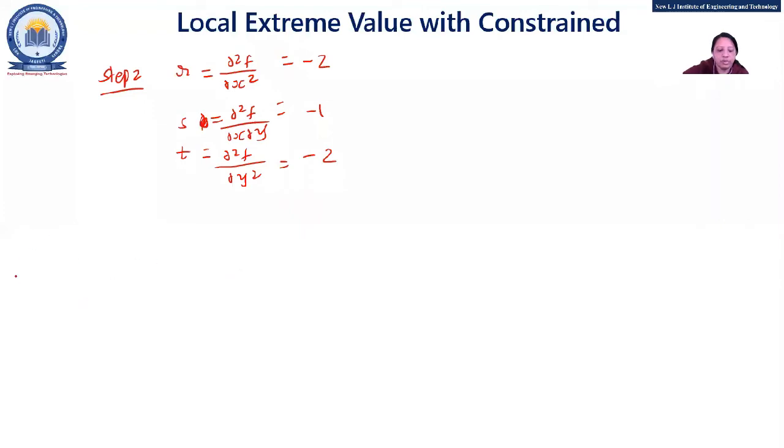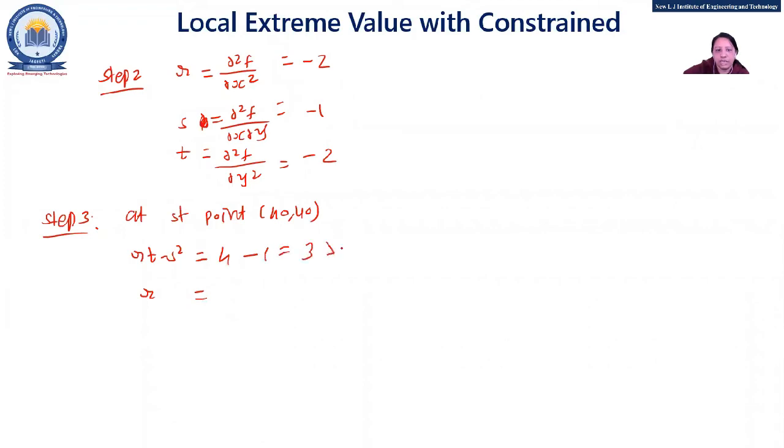Fine. So step 3, only one point is there. At stationary point 40, 40, RT minus S square: both R and T are minus 2, so 4 minus 1, it is 3, which is greater than 0.